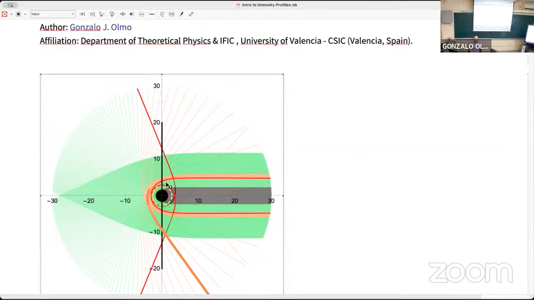So we will have intensity coming from two different points on the accretion disk, two different radial distances. And the radial distance is important because the intensity is modulated by the redshift. The gravitational redshift depends on the distance to the black hole, so the location on the disk where the photon is passing is important.